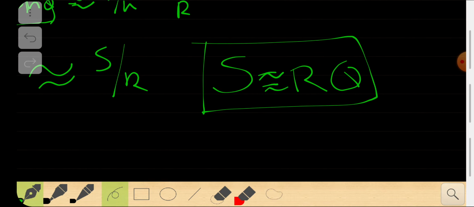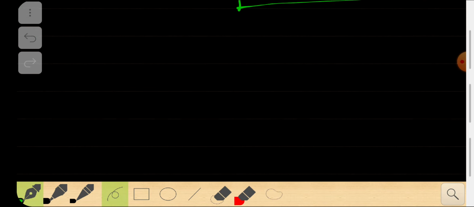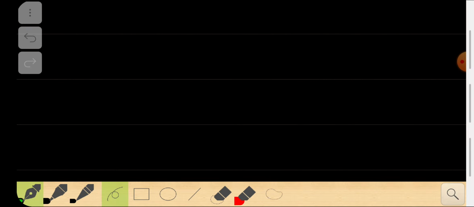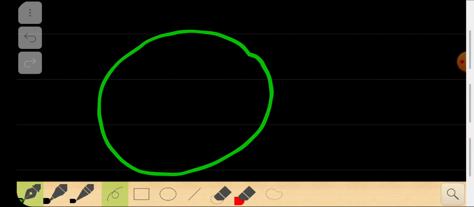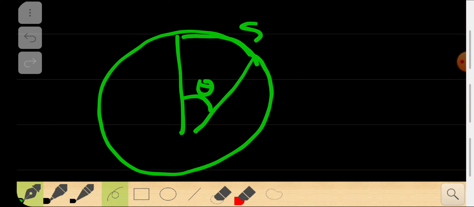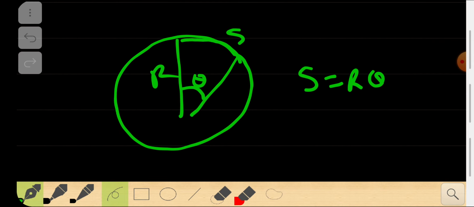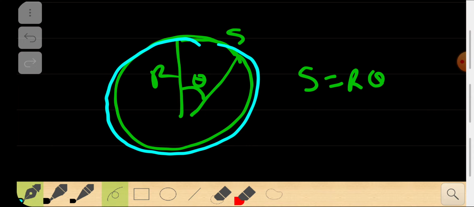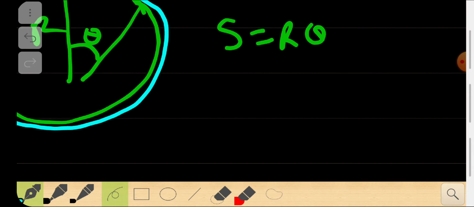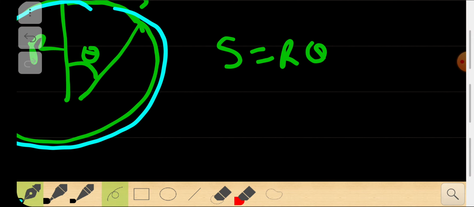This is also some additional information, anyways we need to use it right now. So if you have a circle like that and you have an angle like theta, this distance s can be represented as r times theta. If you have a full circle and you have to go around once, then the total distance traveled will be 2 pi r, that is the circumference.